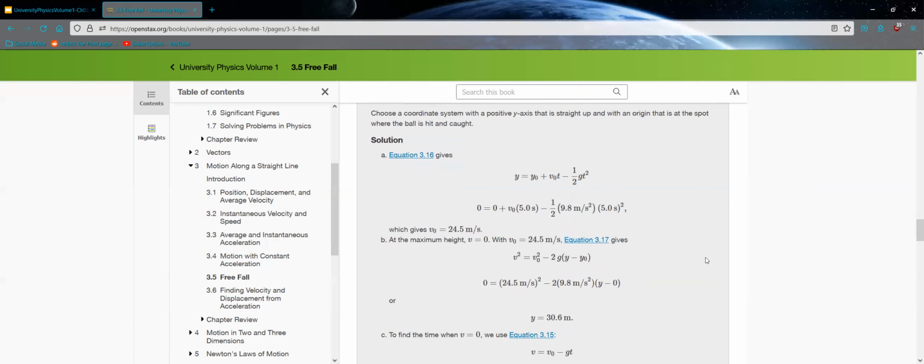And once you know your initial velocity, you can look at other equations, such as v squared equals v naught squared minus 2g in parentheses y minus y naught, to solve other problems.